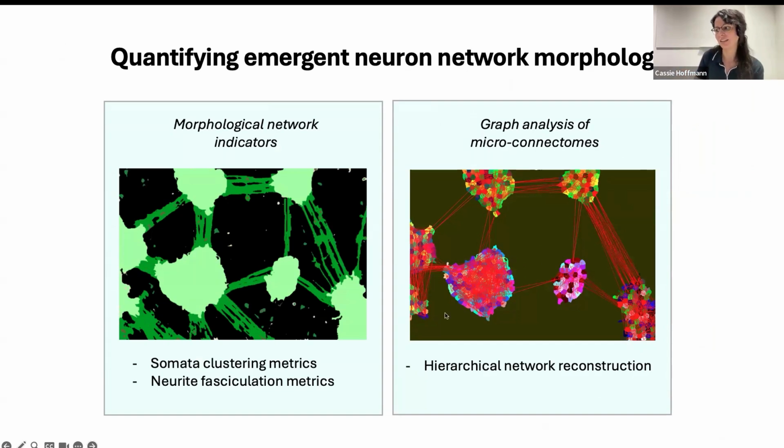The largest ones I had were up to 500 or 600 microns in diameter. The way we worked around this was to generate a hierarchical network reconstruction, where we take this mesoscale image and subsample these clusters with 3D super-resolution microscopy to get an idea of their internal structure.